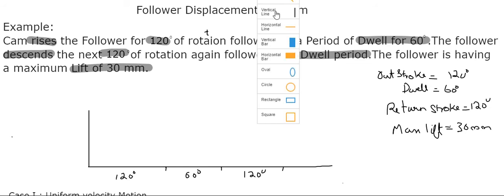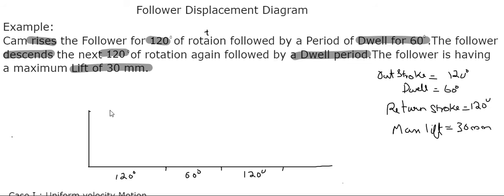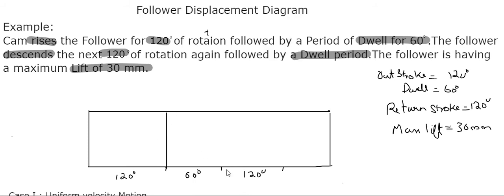So if you draw a diagram based on that, you should get a rectangle like this, and you should have an outstroke section, dwell section, return stroke, then last will be the dwell again. So this is how your data should be looking like.